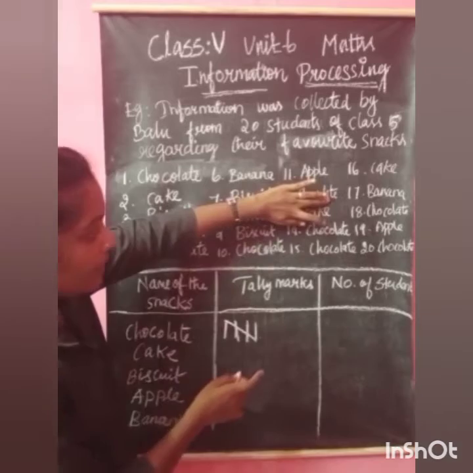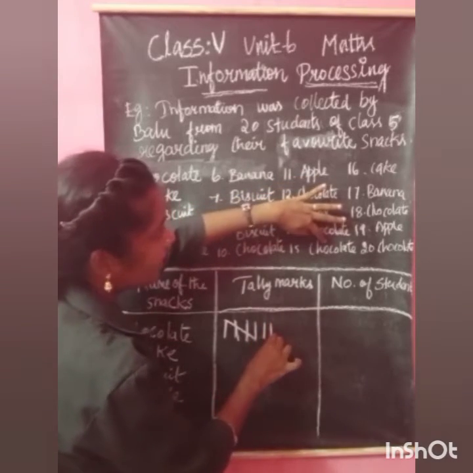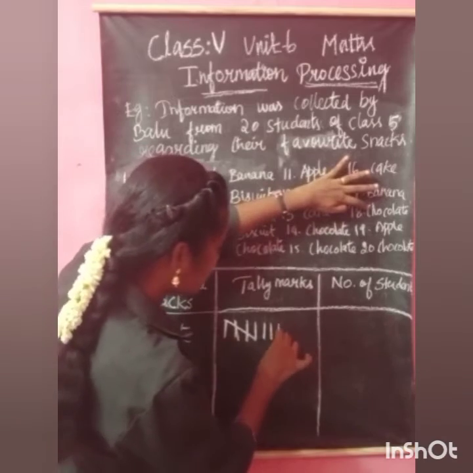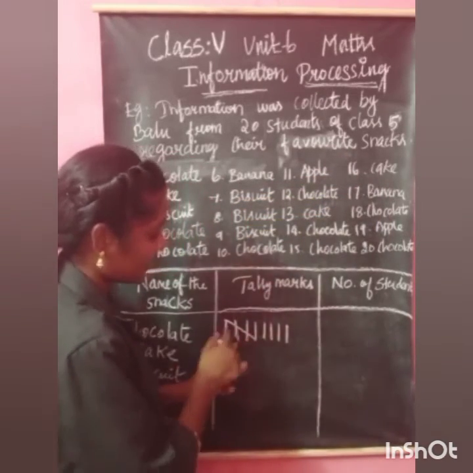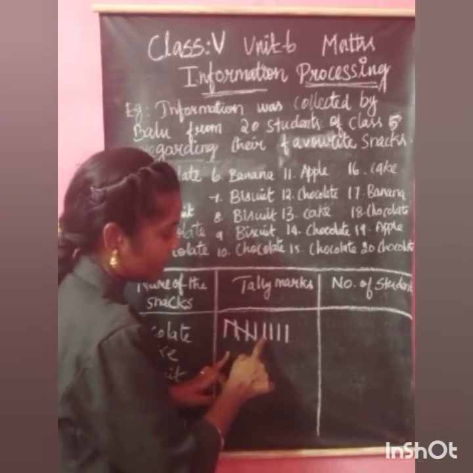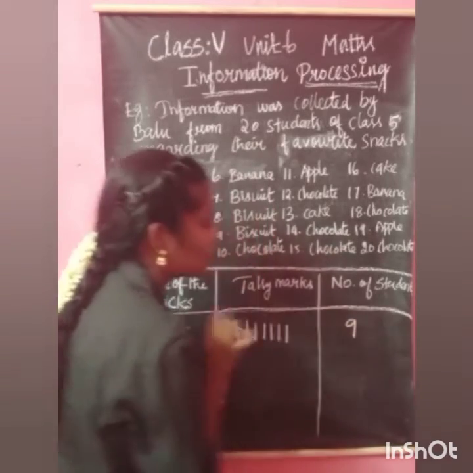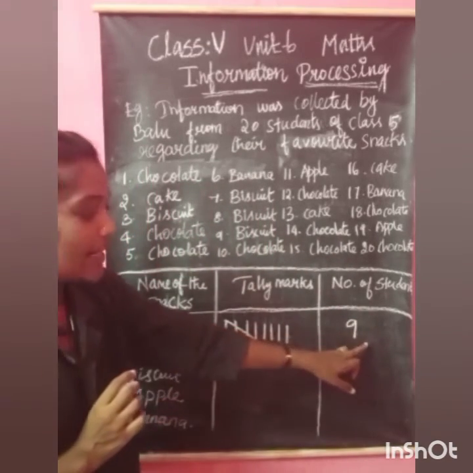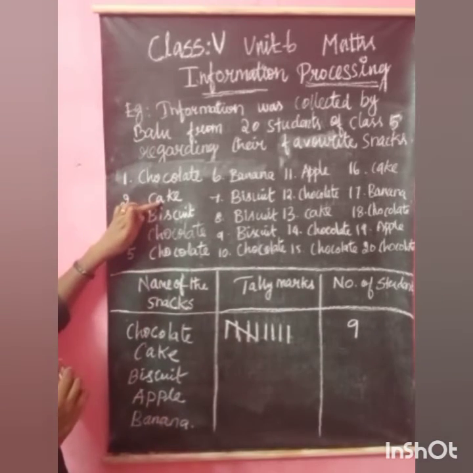Next, so 5, then 6, 7, then 8, 9. So how many times? It's 1, 2, 3, 4, 5, 6, 7, 8, 9. So the number of students for chocolate is how many? It is 9 students.